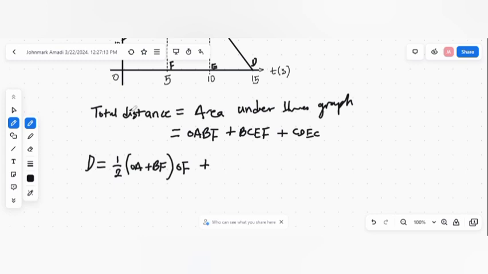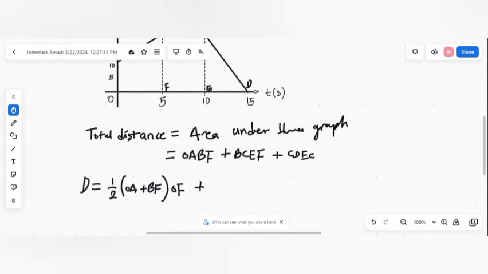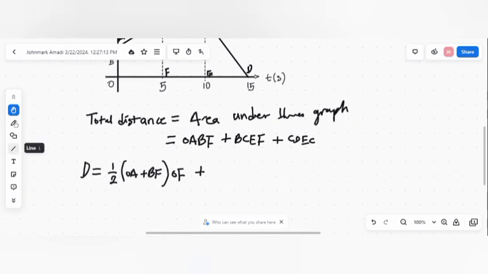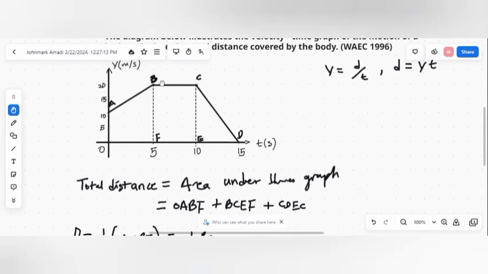Plus the area of a square. Which square are we talking about? Let me repeat: BC times CE.